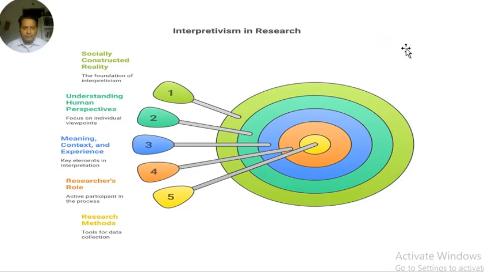Now let us discuss interpretivism in research. Interpretivism sees reality as something that people create through their experiences and beliefs. This means that everyone sees things differently. In the research, the goal is to understand people's thoughts and feelings.